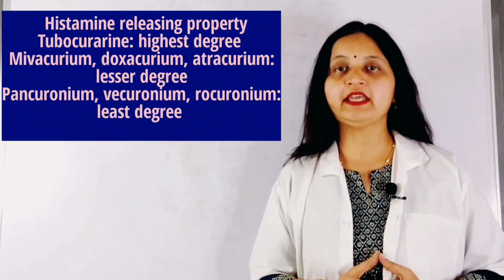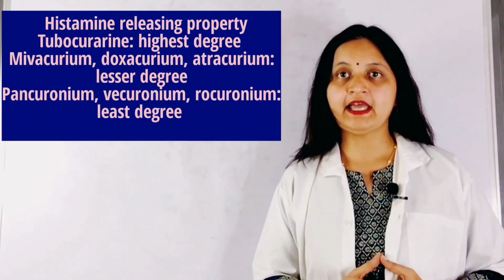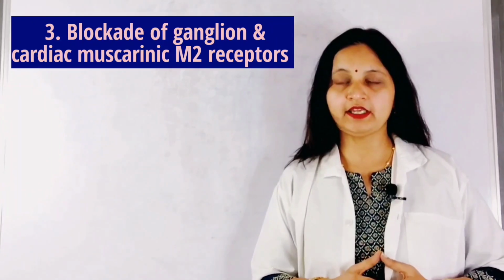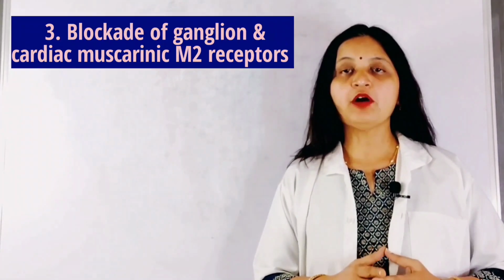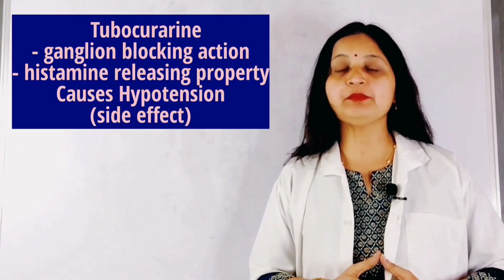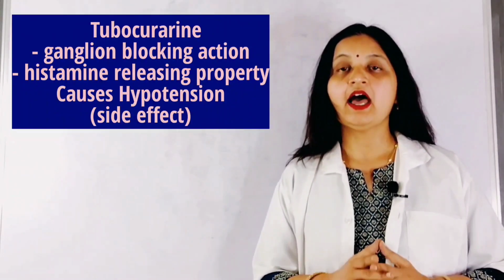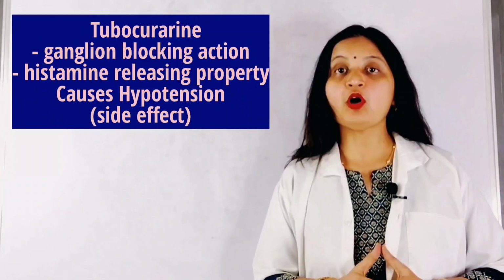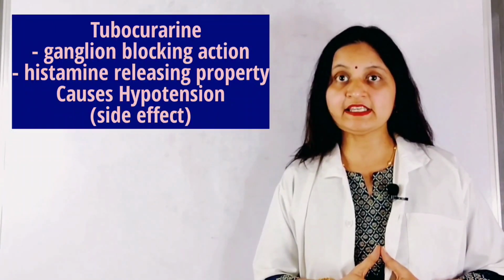The next property is blockade of ganglion and blockade of cardiac receptors, that is M2 muscarinic receptors. At common clinical doses, it has been observed that tubocurarine partially blocks the autonomic ganglia and this can cause hypotension. Tubocurarine also has the highest tendency to release histamine.